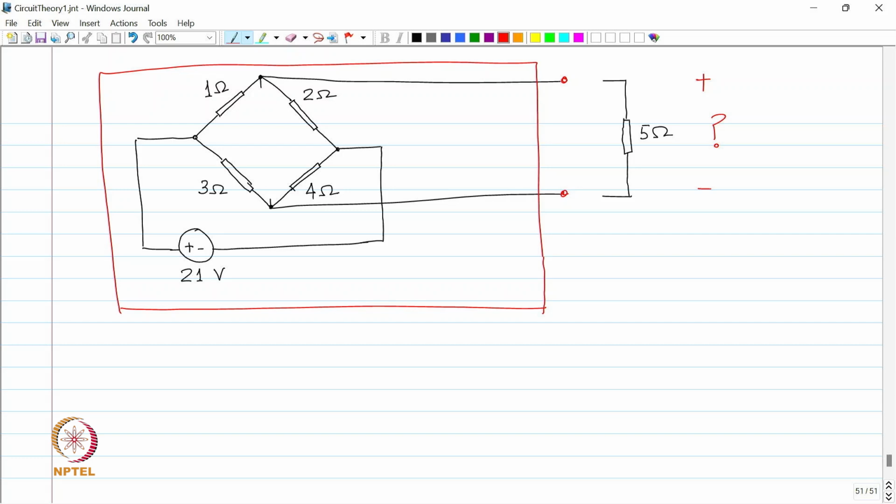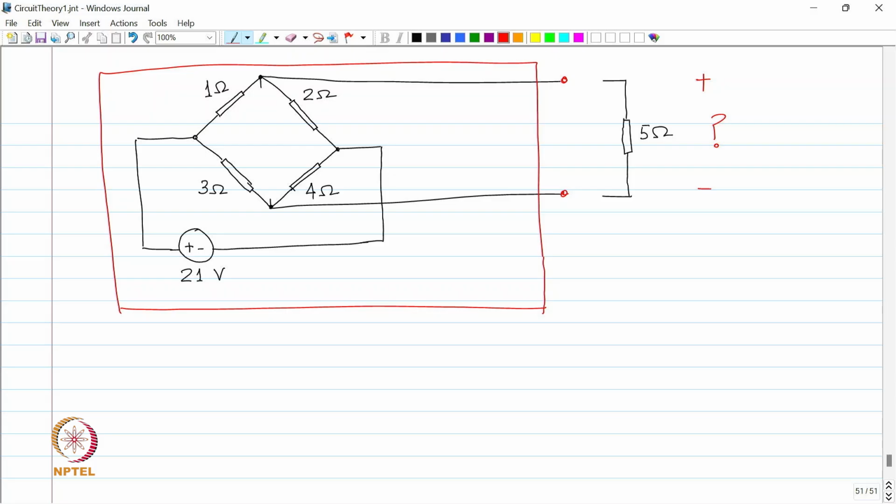What is the model going to be? First we need to find out the open circuit voltage, two experiments, open circuit voltage and driving point impedance. Let us do open circuit voltage first.